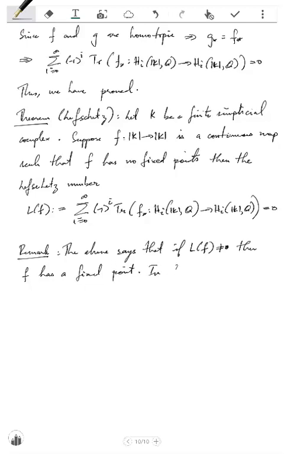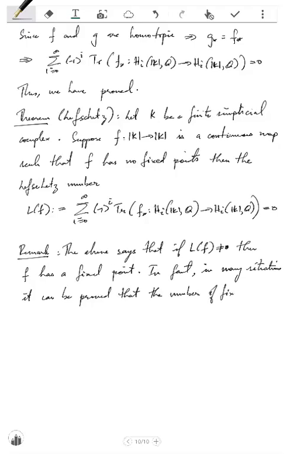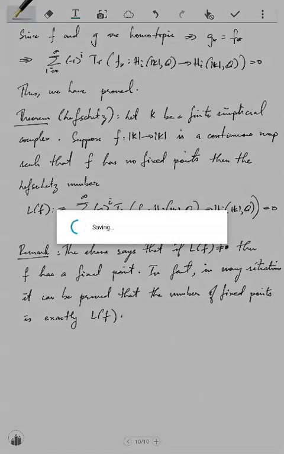In fact, in many situations, it can be proved that the number of fixed points is exactly the Lefschetz number. So we will end here.